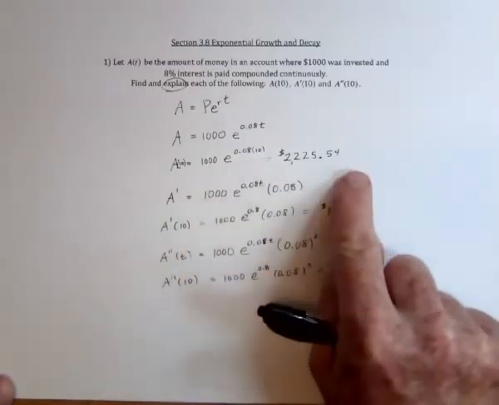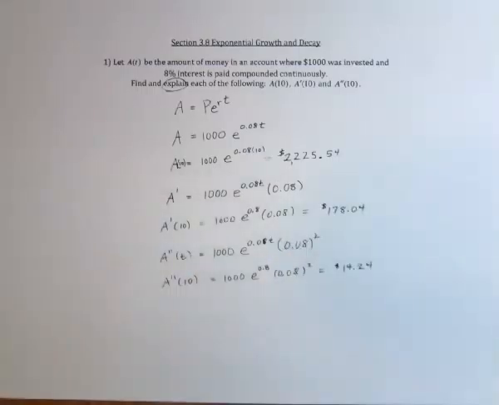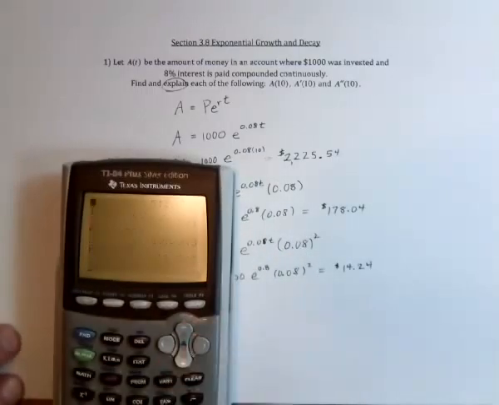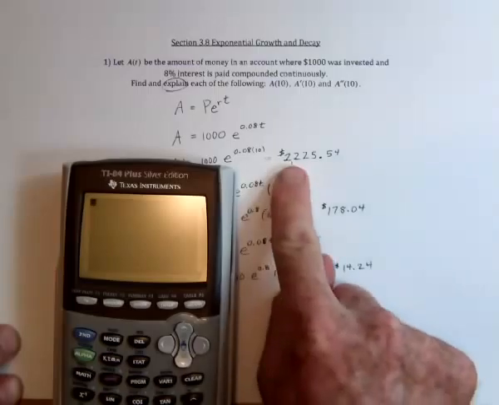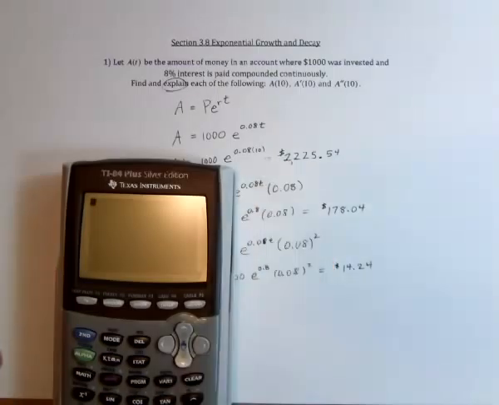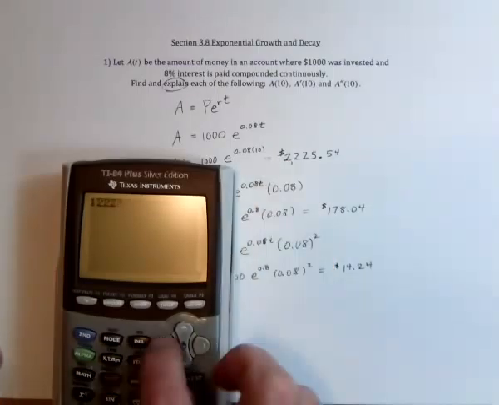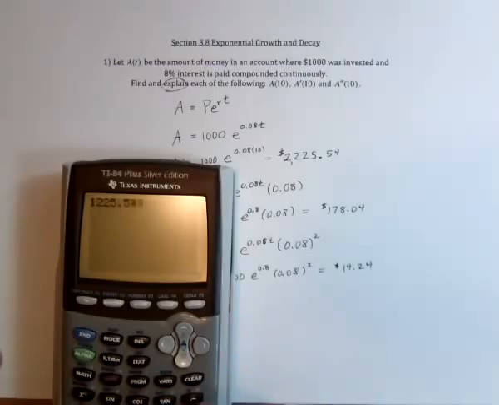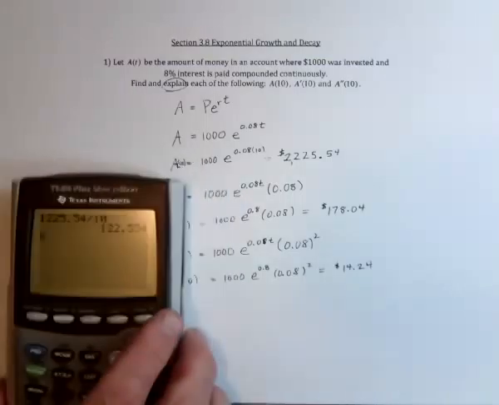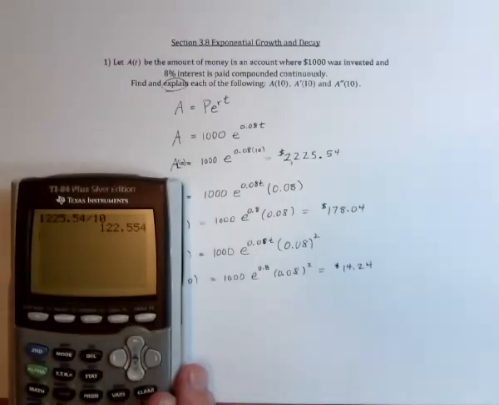Towards the end, it's grown by more than just an average of $122. So what I'm trying to say is this, if you subtract the original $1,000, it's a profit of $1,225, but it took 10 years to do it. That means that it was an average of $122.